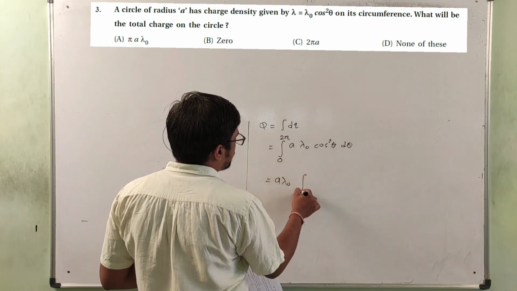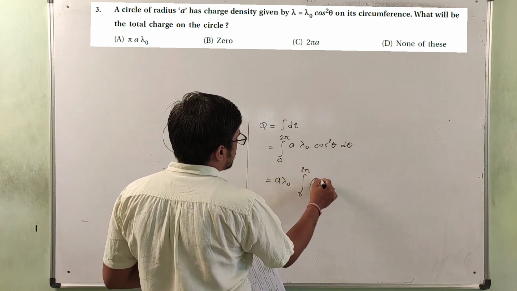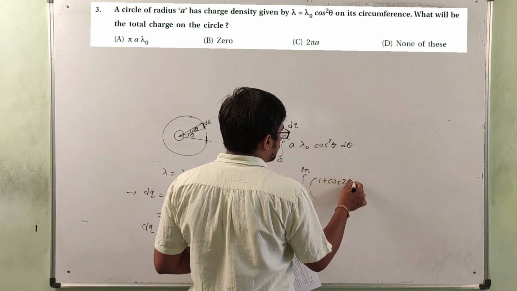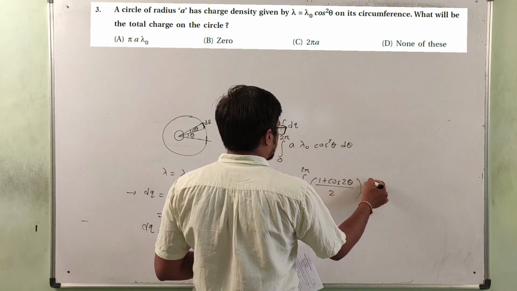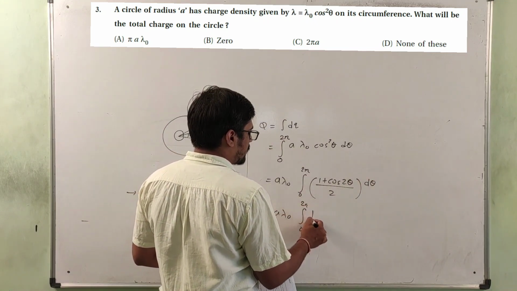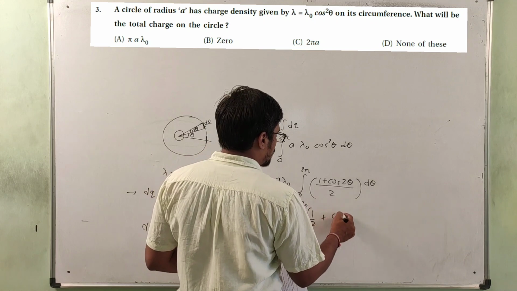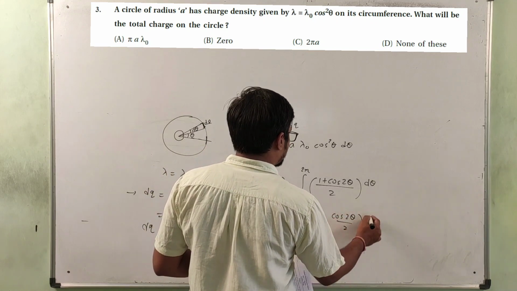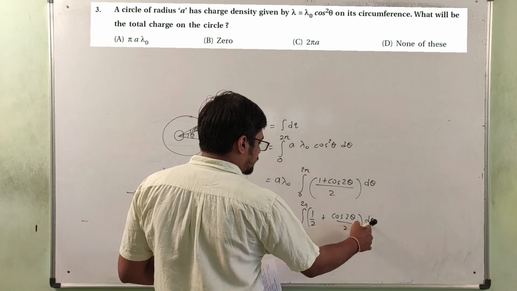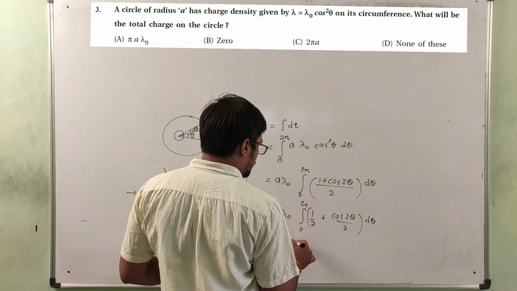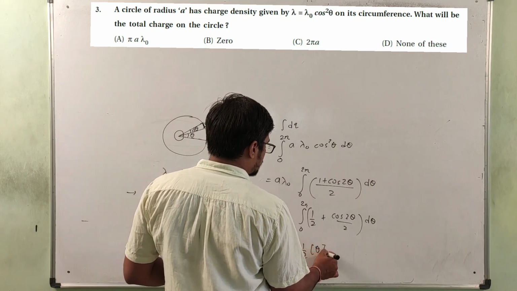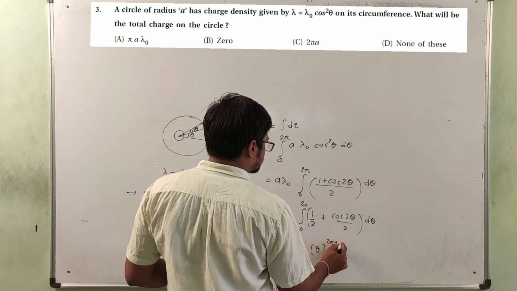What is the integration of cos square theta? To integrate it, use the formula cos square theta is equal to (1 plus cos 2 theta) by 2. So this is equal to the integration of 1 by 2 and the integration of cos 2 theta by 2. The 1 by 2 is constant, and the integration of d theta is theta, from 0 to 2 pi.